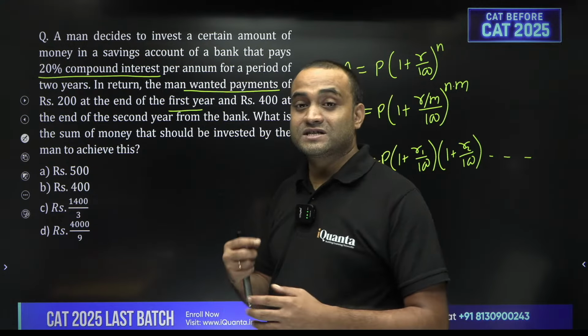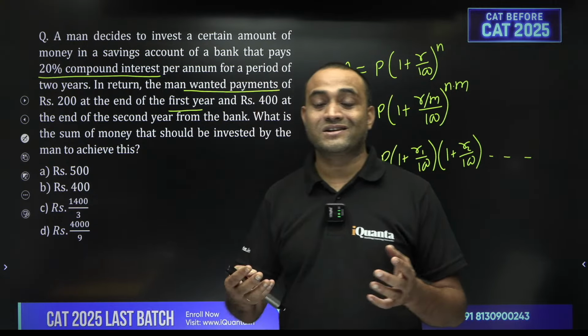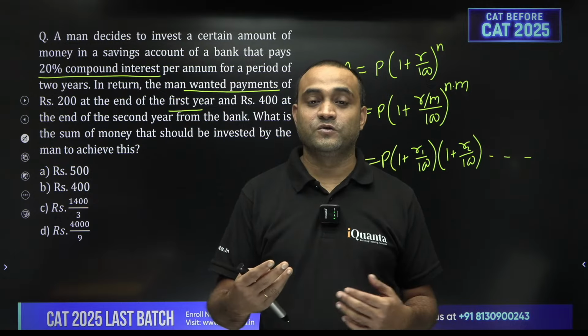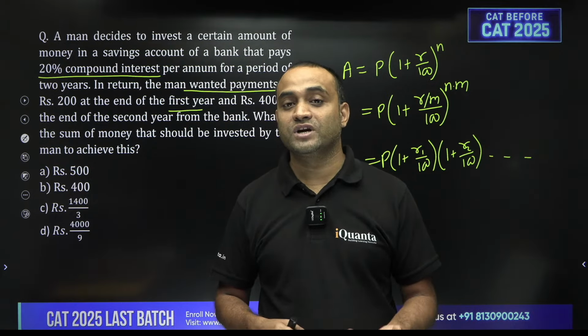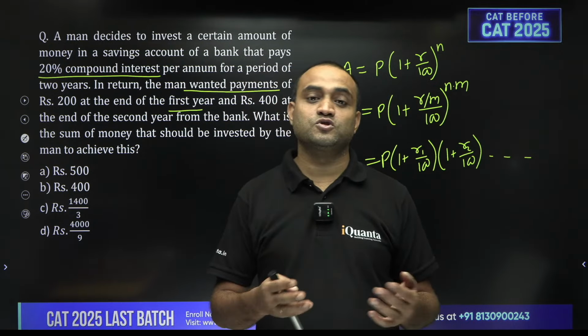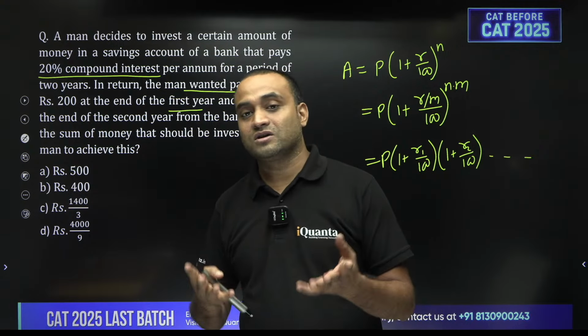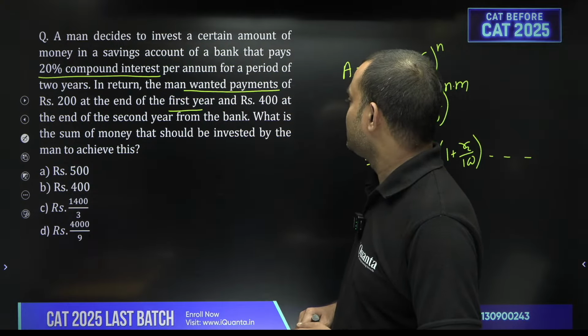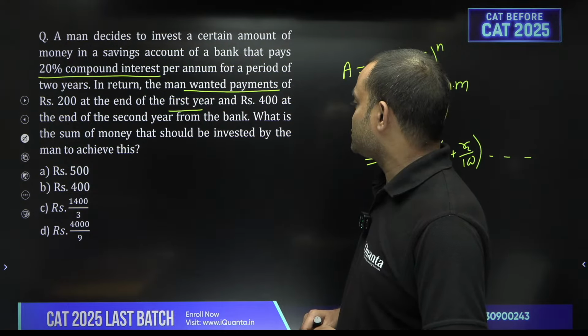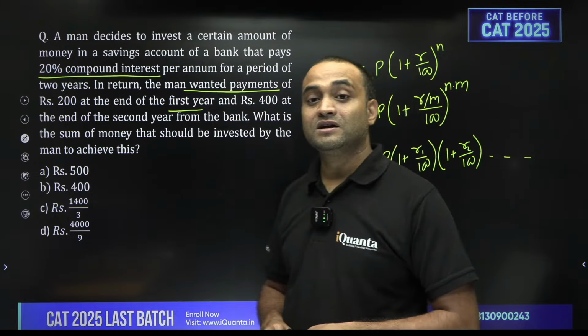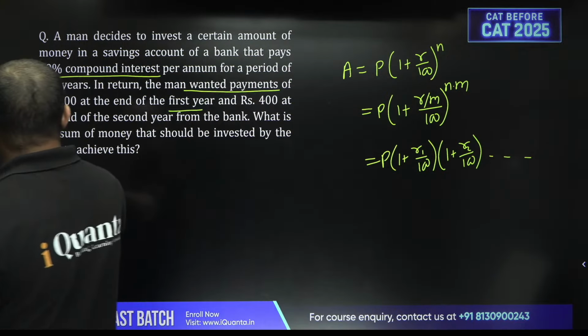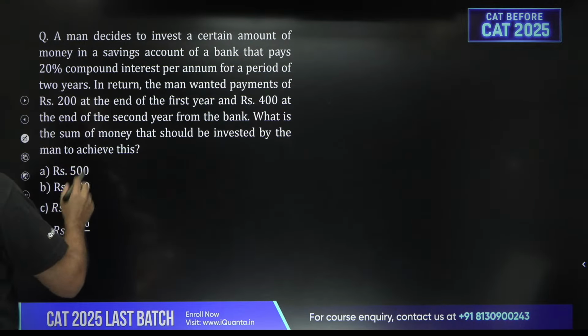So he invested some amount and he wants it returned in 2 installments. In the first he is supposed to get 200, in the second he is supposed to get 400, and he got all the amount that he had invested. What is the sum of money that should be invested by the man to achieve this? So how can we solve this?